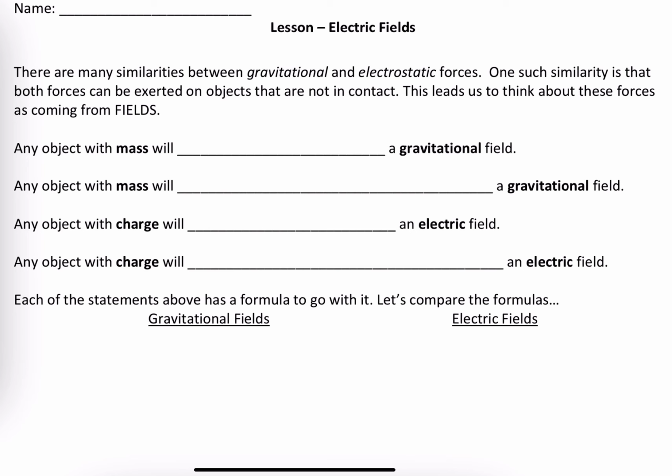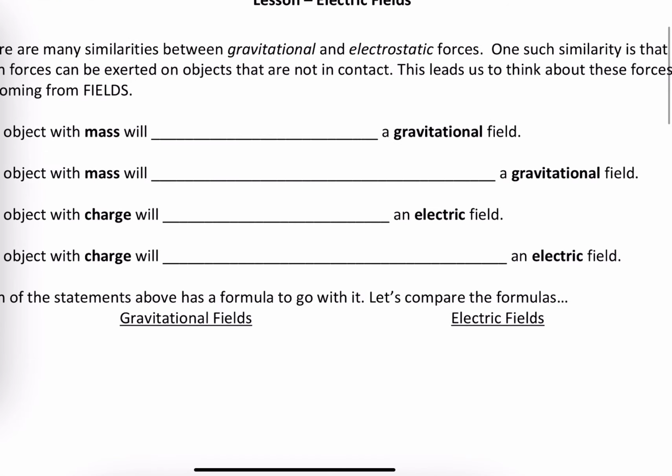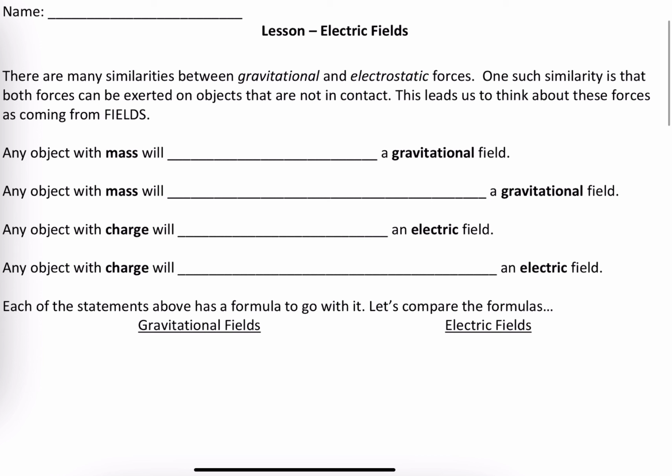So in keeping with the idea of drawing parallels between electrostatics and gravity, let's look at some of the similarities between gravitational fields and electric fields. So the idea with gravitational fields is that any object with mass will create a gravitational field.